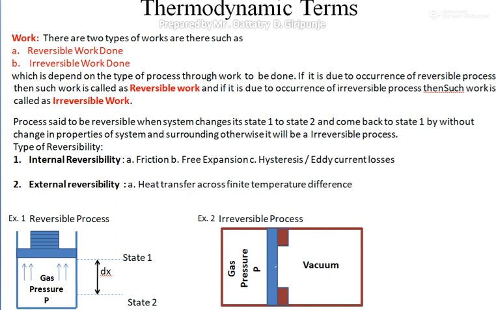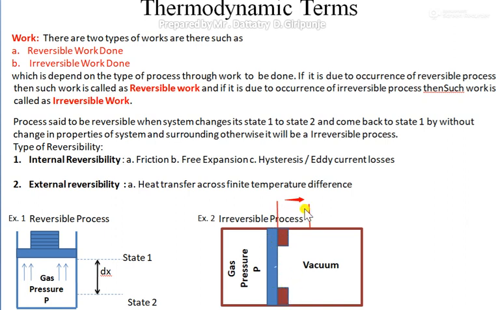Just for simplicity we will mark it here: this is the line of state 1, and this is the line of state 2. The piston moves from this state to this state as soon as I remove the stopper.